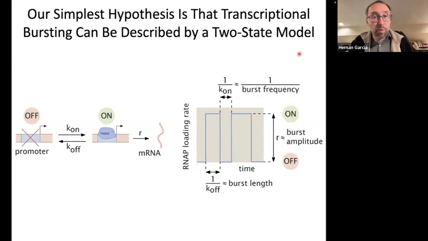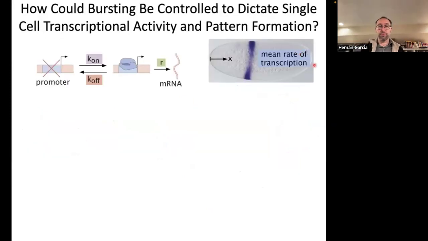But now that we know that the gene responsible for making the stripe is bursty, the question that we wanted to ask of how individual cells make the stripe becomes a little more nuanced. What do I mean by that? This is measuring the accumulation of RNA, or the mean RNA production.